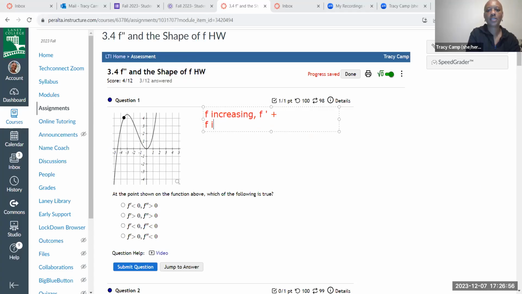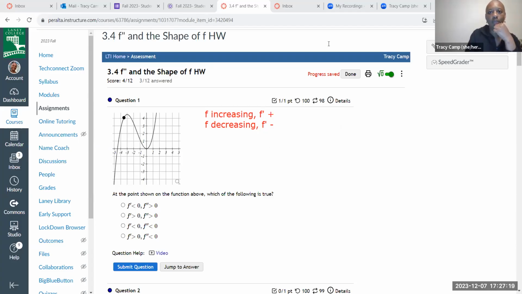And if a function is decreasing, that means that its derivative is negative. So f increasing means derivative positive, f decreasing means derivative negative.